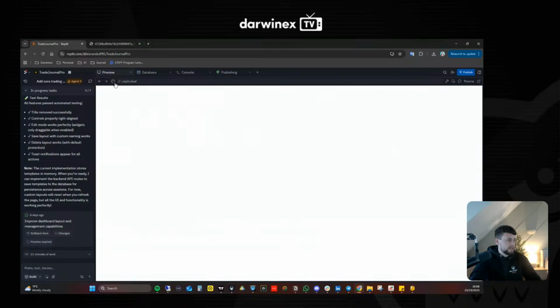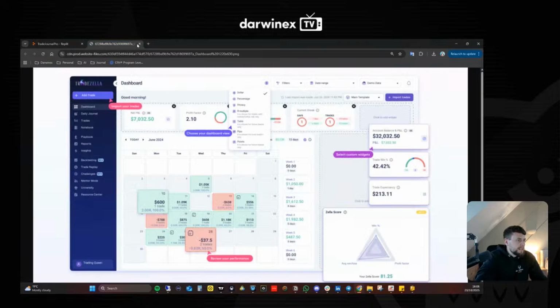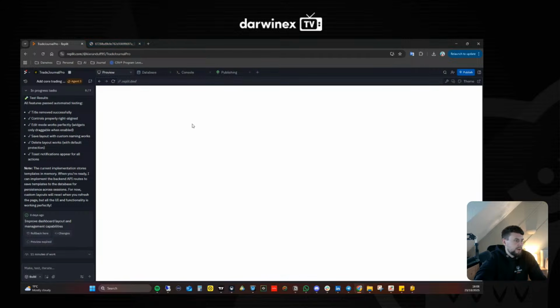This doesn't look like it wants to load. This is basically a personal trading journal that I built for my own use. I feel like a lot of trading journals out there don't cater much for algo traders and walk forward testing, so I started to make my own, but for some reason it's not working. Let's refresh the page.